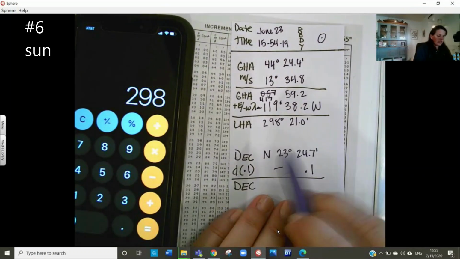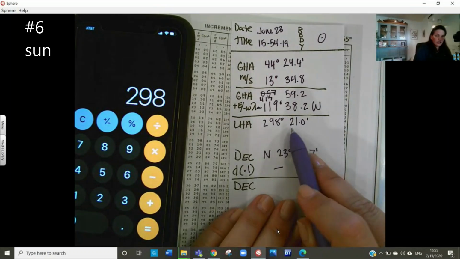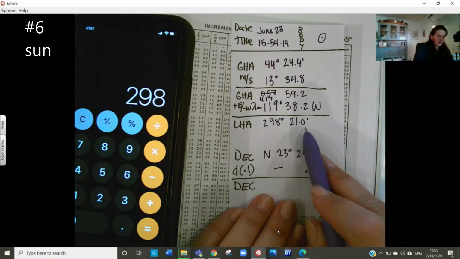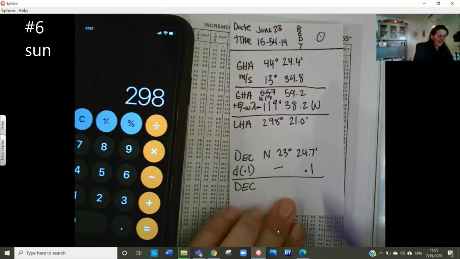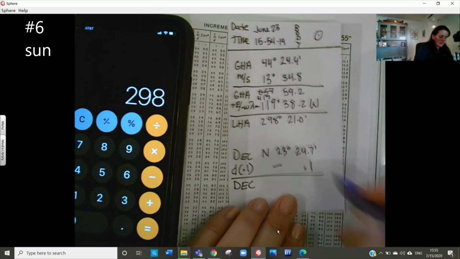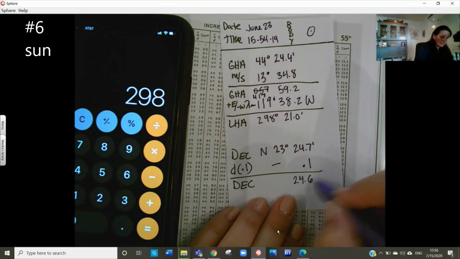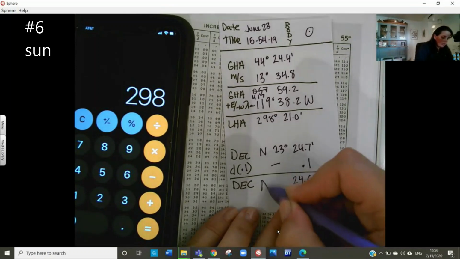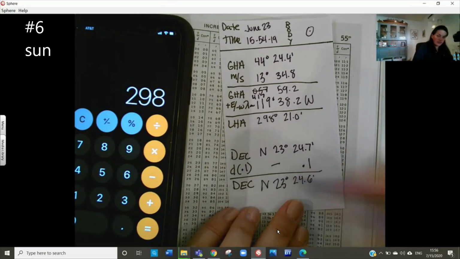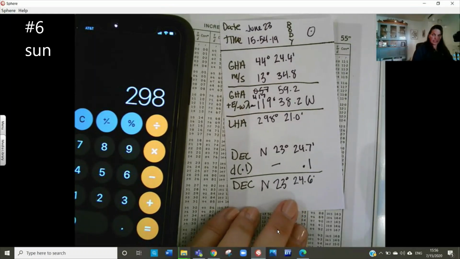So we're left with 298 and 21 minutes for our LHA. Declination, we are subtracting 0.1, so we have 24.6 north, 23 degrees. And that's number 6.